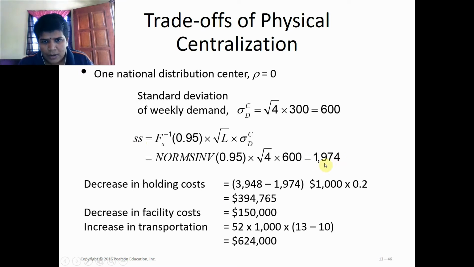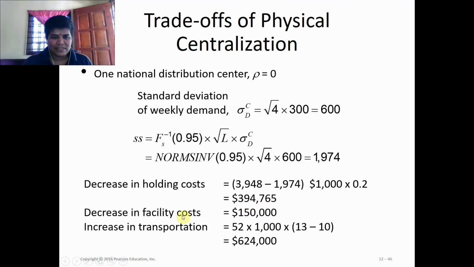You can use the formula to calculate the decrease in holding cost: 3948 minus 1974, times 1000, times 0.2. You will get 394,765 for the holding cost.